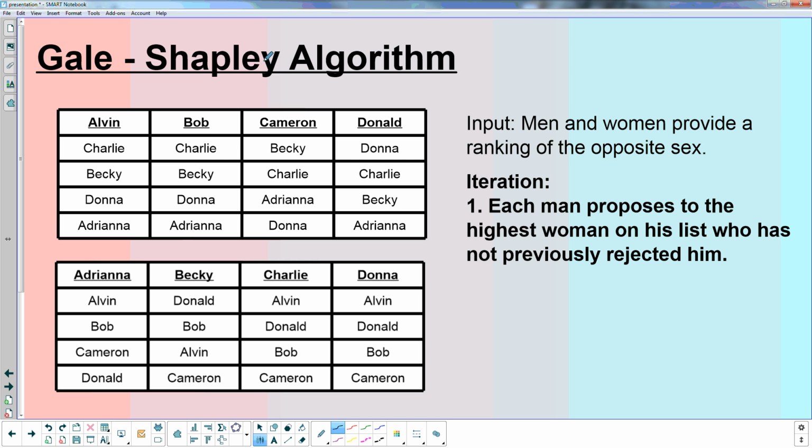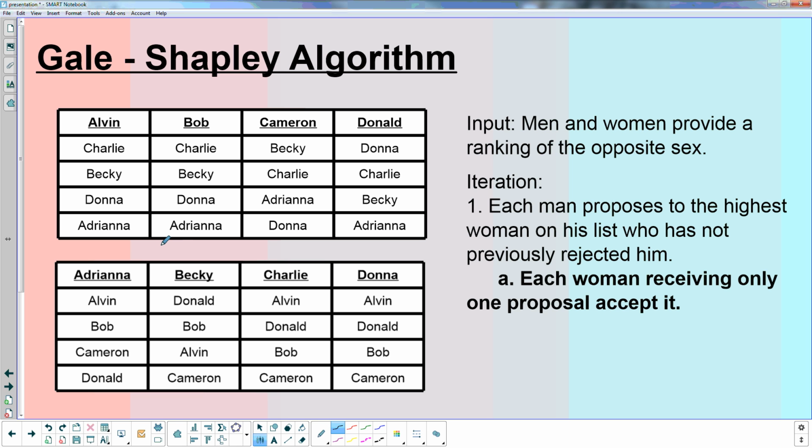When we start, all the men are proposing to the top name, and then we make determinations from that. If we're later in the algorithm and the man has women higher in the list who have rejected him, we skip those proposals until we get to the next one that has not rejected him.